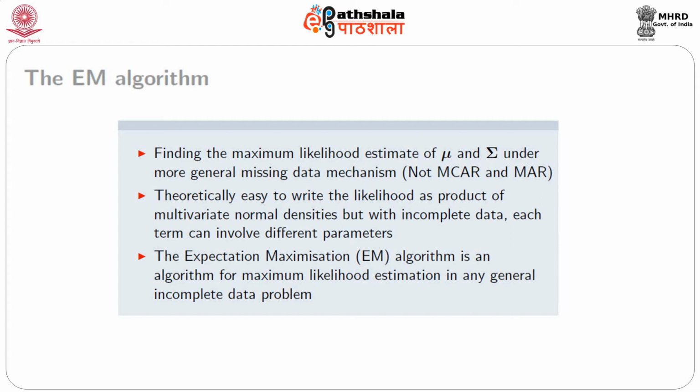In theory, it is easy to write out the likelihood function, because it is a product of multivariate normal densities. But the problem is that for incomplete data, each term can involve slightly different parameters. So, the parameters for each term would be different if the data is incomplete.